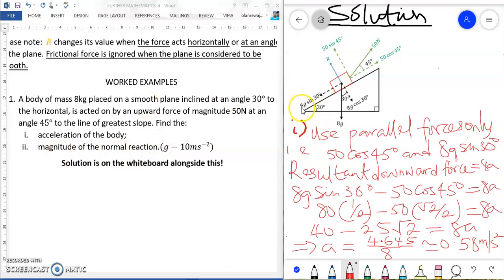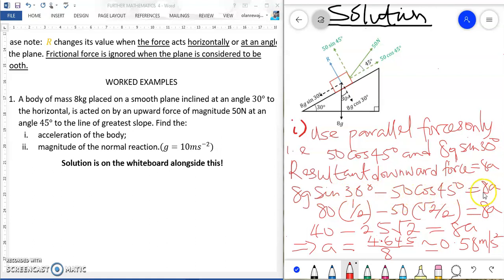Now, since motion is only along the plane or parallel to the plane, the net or resultant downward force will be the difference between the greater force and the smaller force, and that is why we have this as 8 sine 30 degrees minus 50 cos 45 degrees.